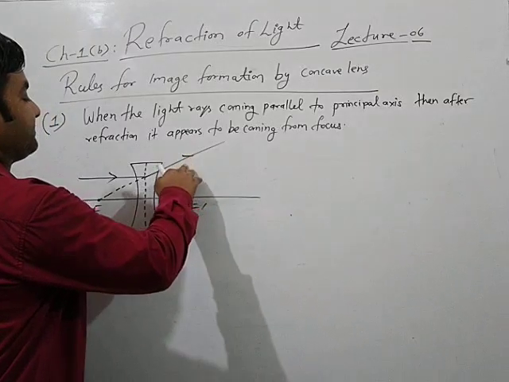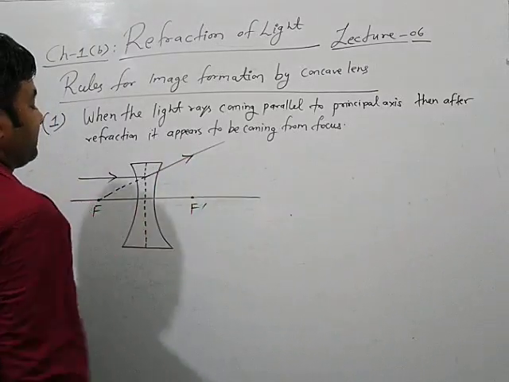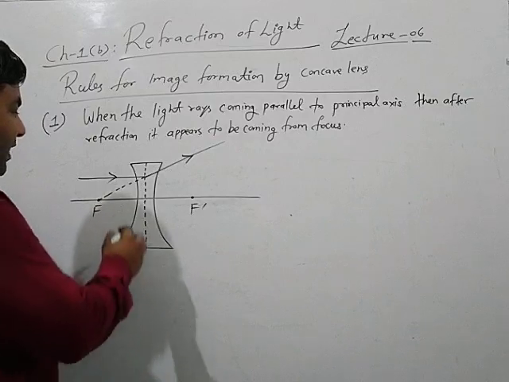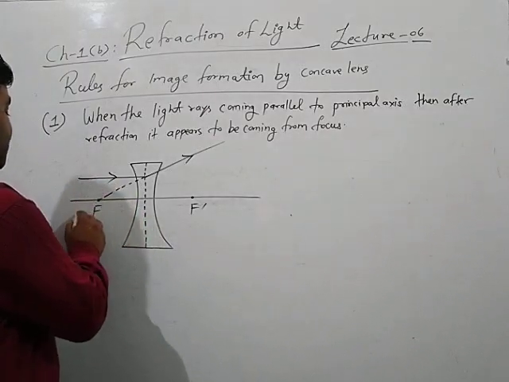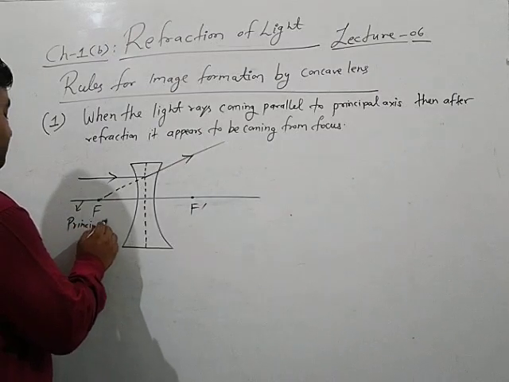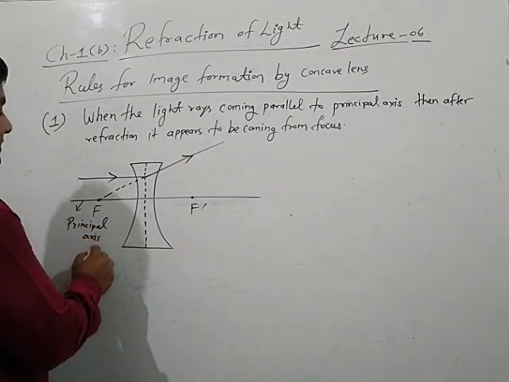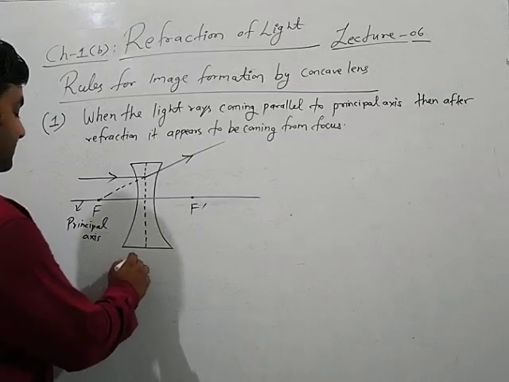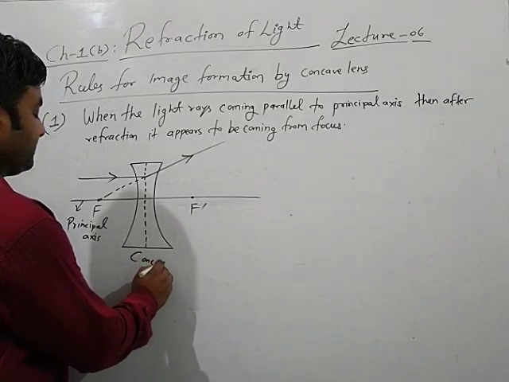This is the incident ray, this one is principal axis, this one is focus, and here concave lens.